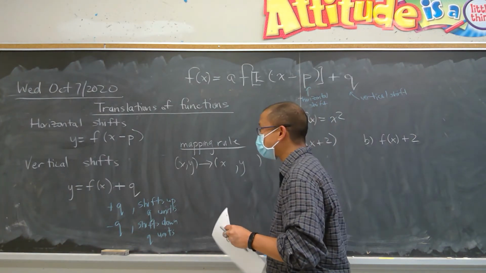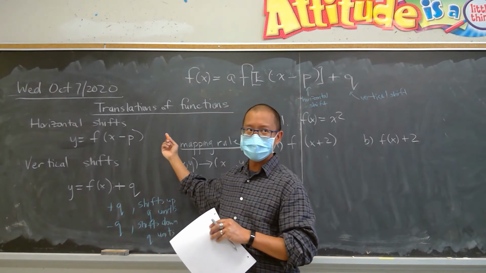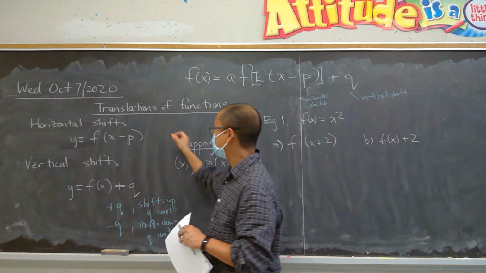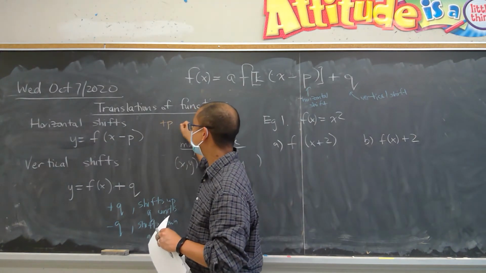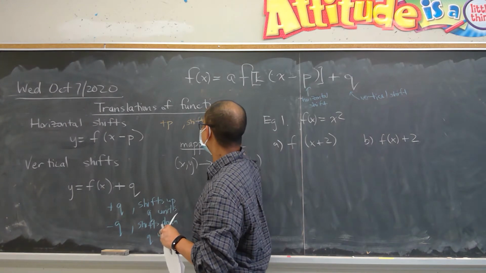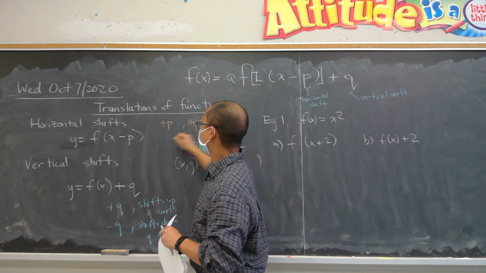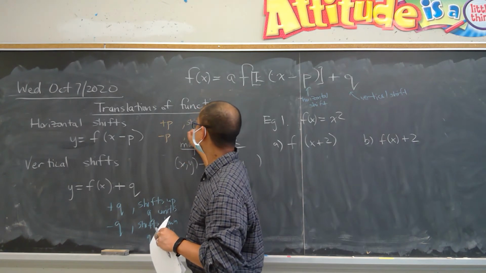Horizontal shifts. Notice it's kind of the reverse, and some students are having some trouble with this before. So when it's plus p, it shifts right p units, and if it's negative p, it shifts left.